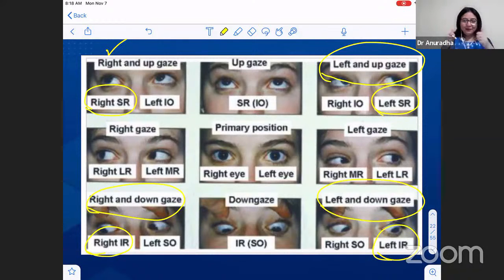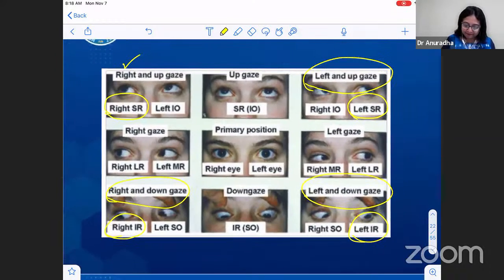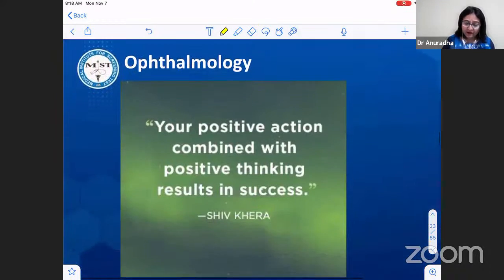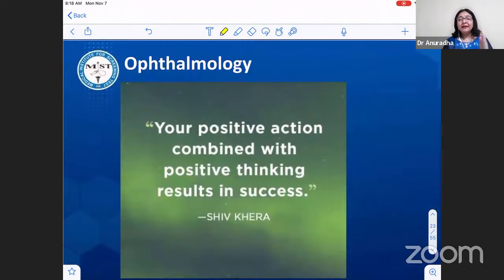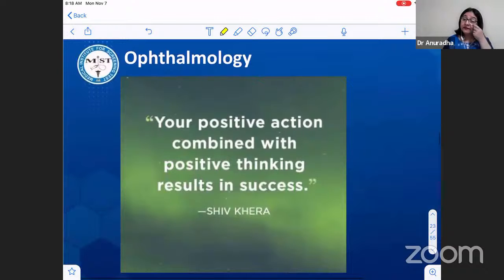Perfect. And then, of course, do not forget the nerve supply, LR6 SO4 O3, beta. Lateral rectus by 6th nerve, superior oblique by 4th nerve, and all the rest of the muscles by 3rd nerve.